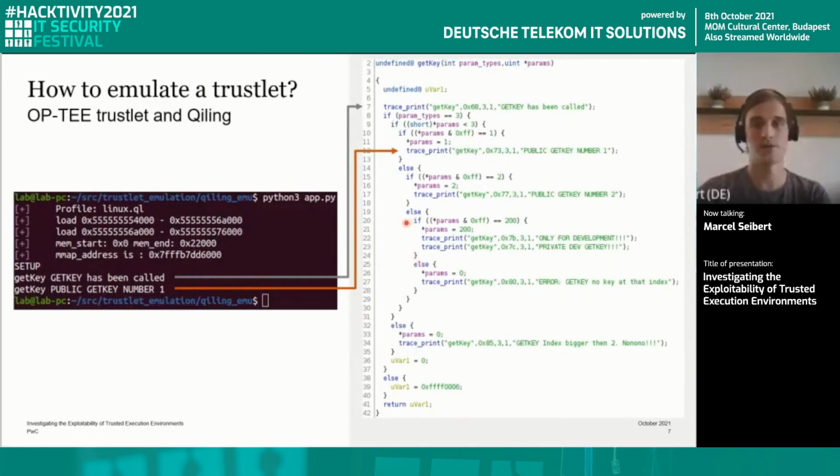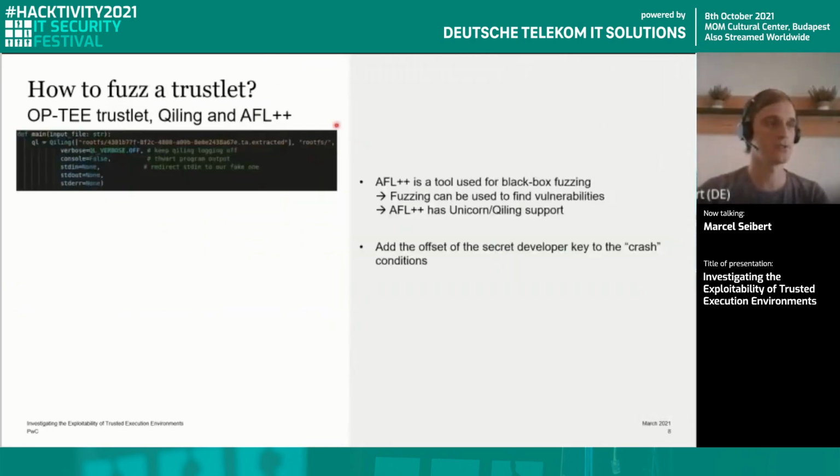So instead of manually trying to enumerate and test different inputs for this value, we could use a fuzzer to automatically change the values for the input and try to get here. And that's what we are doing now. We are using AFL++. It's a black box fuzzer we can use, and for that we can use this to find a vulnerability.